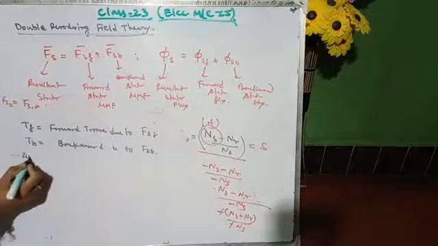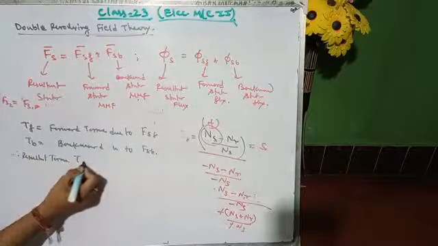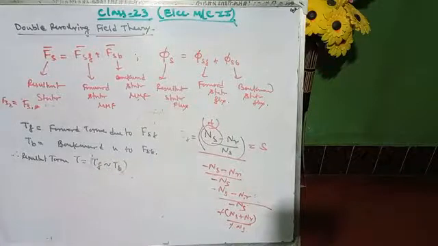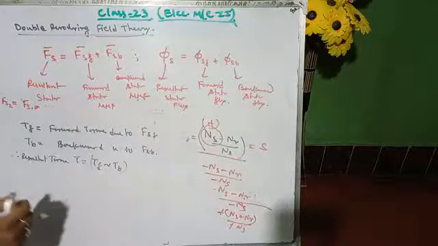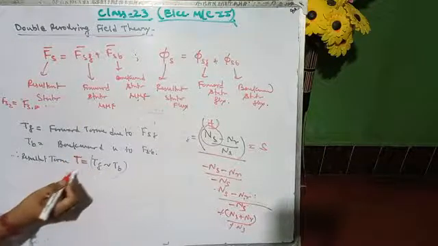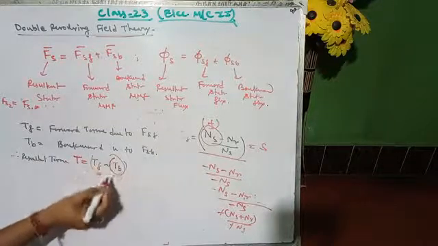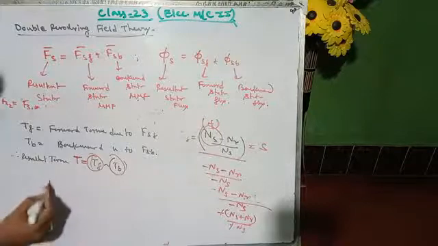Therefore the resultant torque T equals Tf minus Tb. Okay, so if Tf is greater than Tb, then it will produce a torque in the forward direction, and if Tb is greater than Tf, then it will produce a torque in the backward direction.